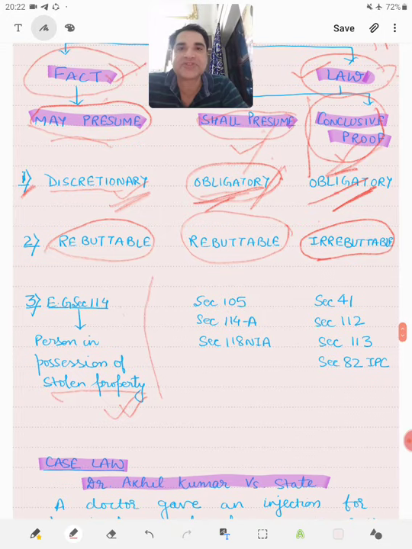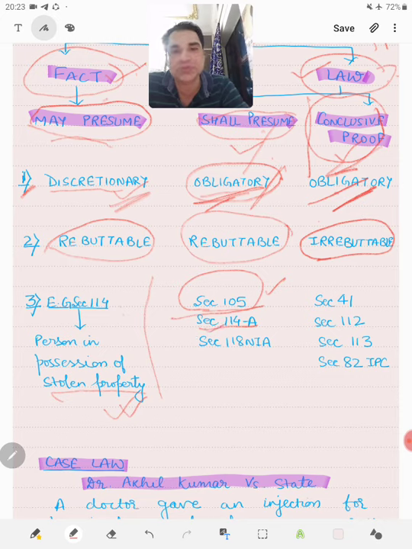One example of shall presume is Section 105 of the Indian Evidence Act, which states that if an offense is done, then the court shall presume the absence of any exception laid down in the Indian Penal Code. Another is Section 114A, that in case of rape, absence of consent shall be presumed. Then Section 118 of the NI Act, Negotiable Instruments Act, is also a shall presume.